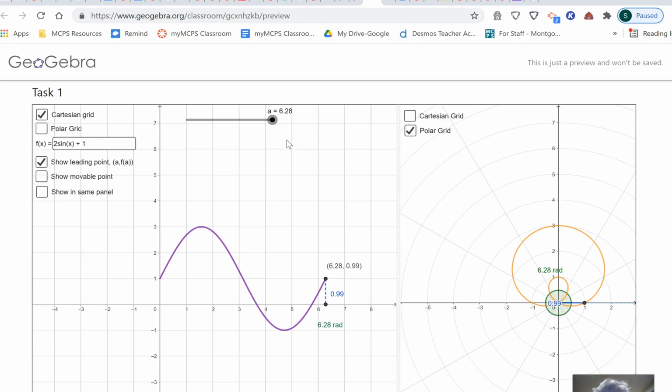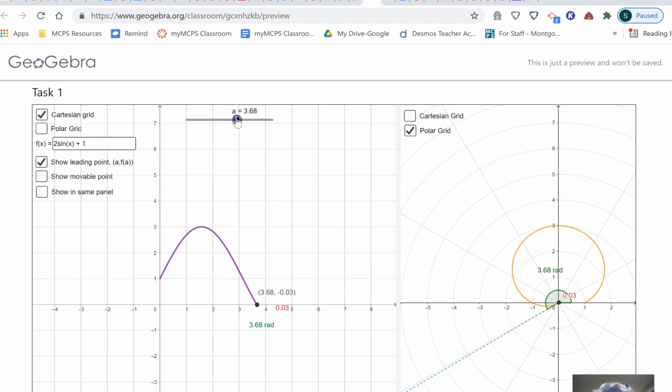And just one other thing that might help you understand where that loop comes from. That loop here near the origin happens where your graph in Cartesian coordinates dips below the x-axis. So watch what I mean. When I move here to the x-axis, look, I've got my green circle saying I'm not finished doing the graph.